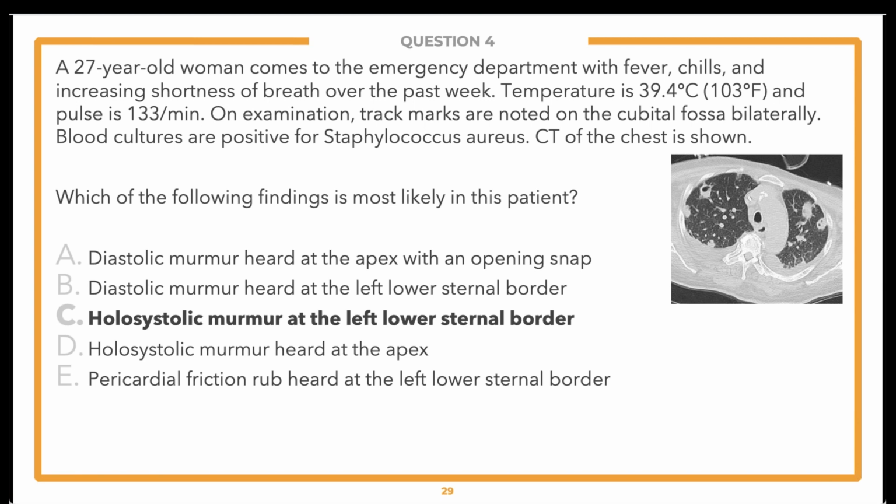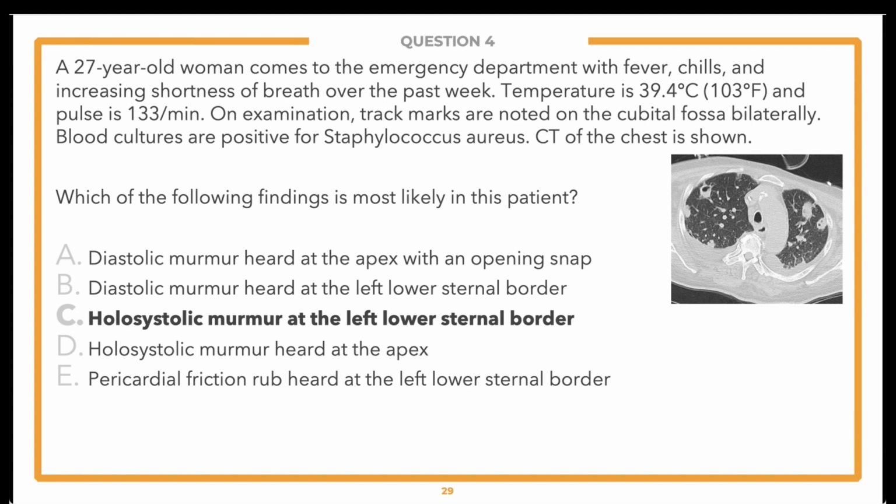So in a patient with IE, the CT findings of cavitary lesions within the lungs, which you can kind of see here, we've got arrows in this diagram, pretty small though. The cavitary lesions suggest septic pulmonary emboli, so that would imply involvement of a valve on the right side of the heart.